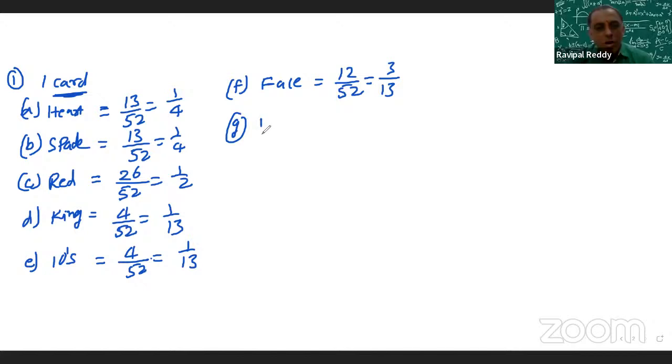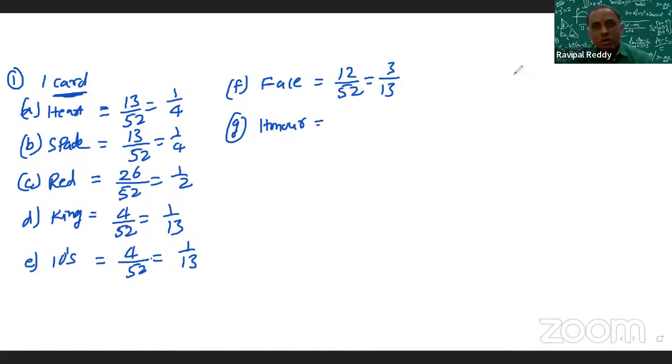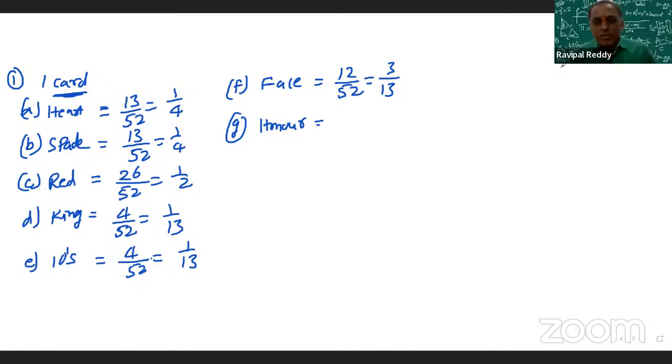Next question G, honor card. We take one card, the taken card is an honor card. Then what is the probability? Is it 1 by 52?